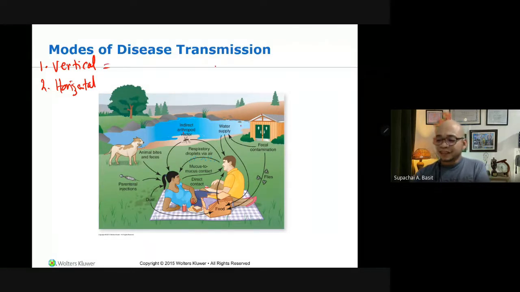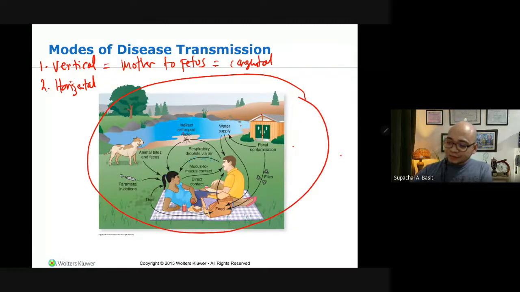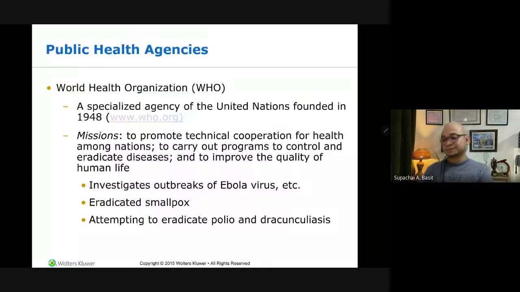When you say vertical, it is from mother to fetus, which means it's congenital by nature. All of these are considered horizontal transmission. Mother to fetus is the only one considered vertical transmission.